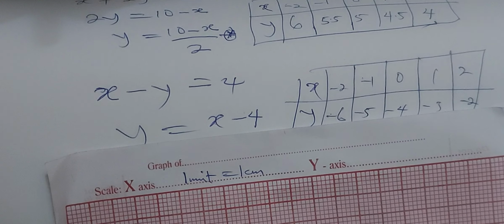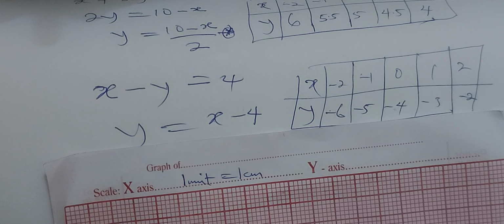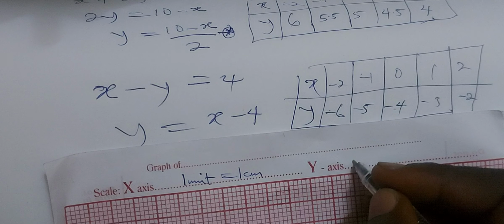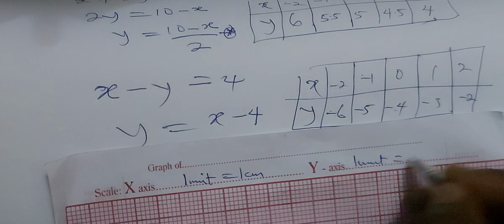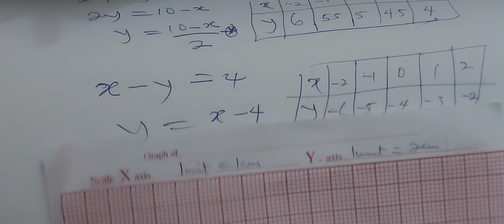And on the y-axis, because you want to spread these points a little, you can say 1 unit is equal to 2 centimeters. Okay, so let's leave it like that.